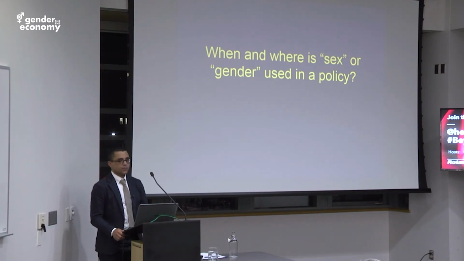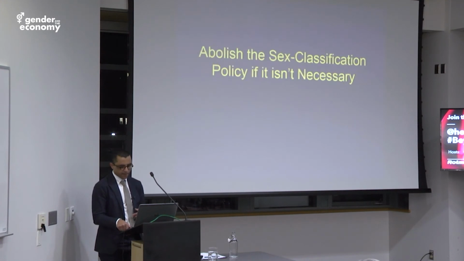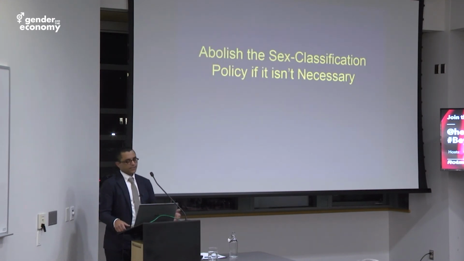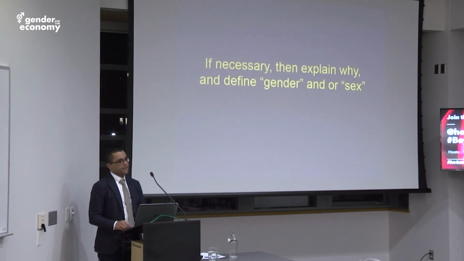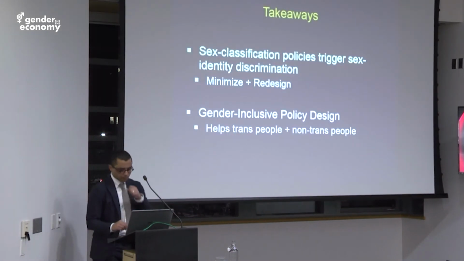And I think that this is a really important exercise for any organization to undergo, where you're asking, number one, taking stock. It's an introspective process. A lot of us are not even aware of when and where sex and gender appear in policies. And I think that the default, again, should be to abolish the sex classification policy if it isn't necessary, and if it's necessary, to make the case for why.